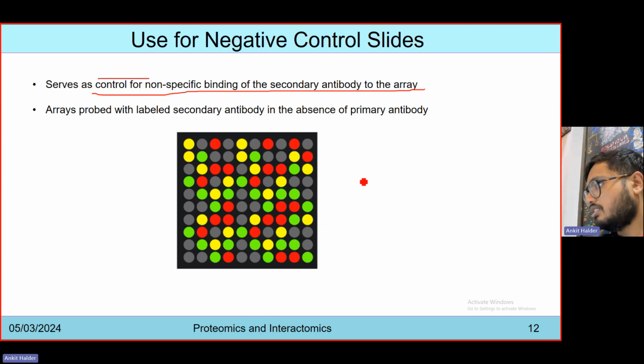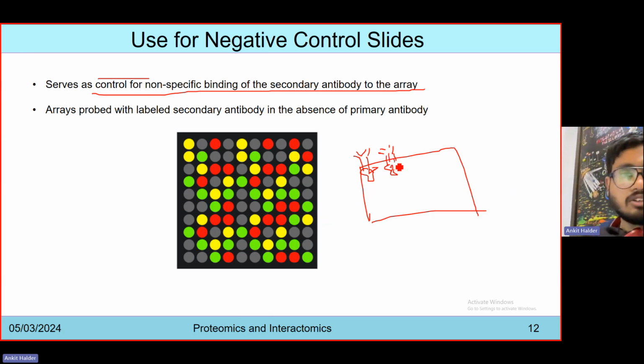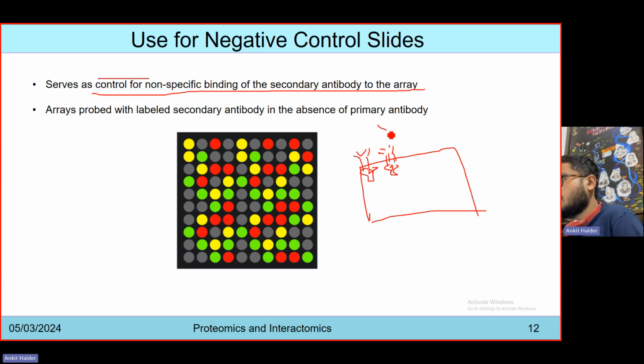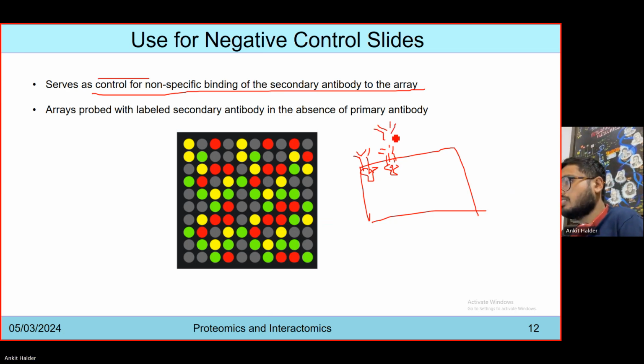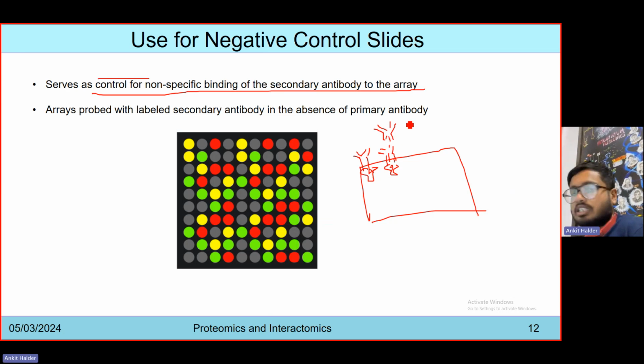Just think of the experiment: you have the cell lysates, you are giving primary antibodies, and they go and detect that particular protein. Now you have secondary antibodies which are conjugated with some fluorescence label, and it is getting detected.